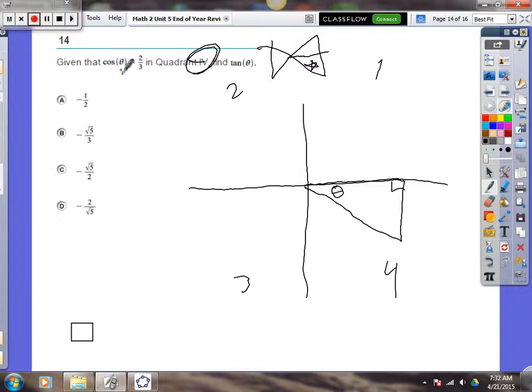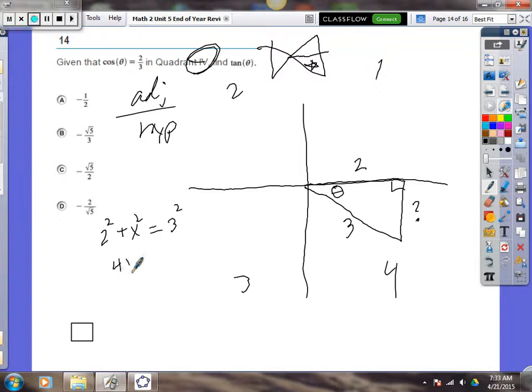Okay, so the cosine is 2/3. Cosine is adjacent over hypotenuse. So the adjacent is this one, that's 2. And the hypotenuse is 3, so we've got to figure out what this is. So let's do Pythagorean Theorem. Let's do 2 squared plus x squared equals 3 squared.